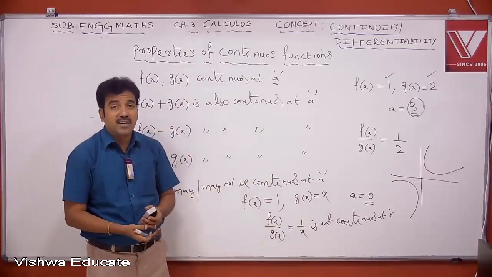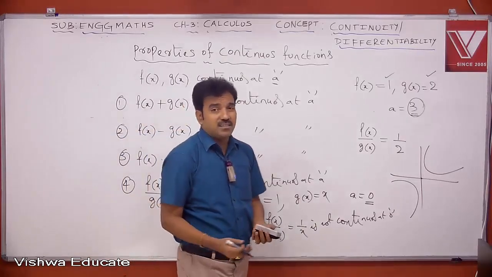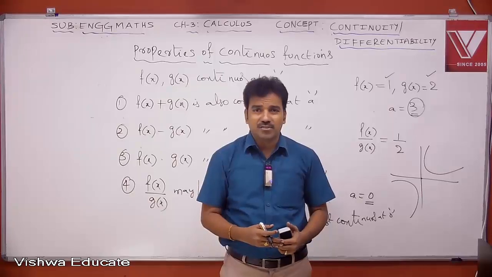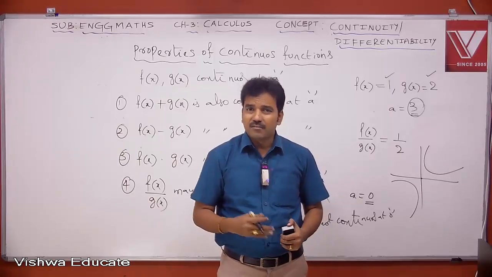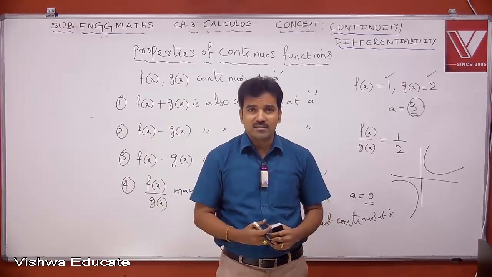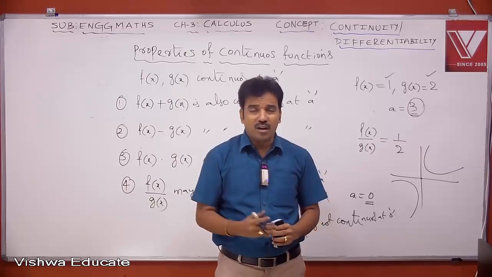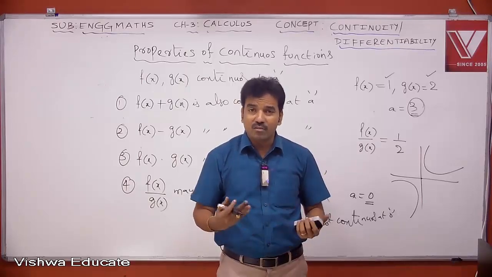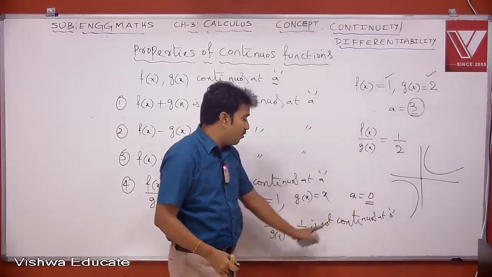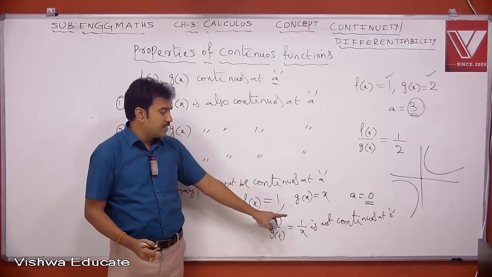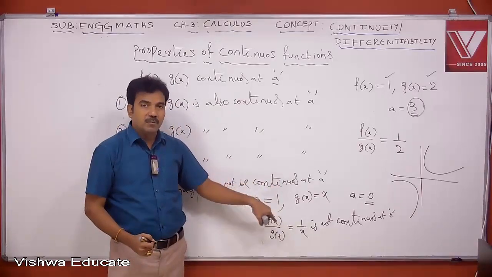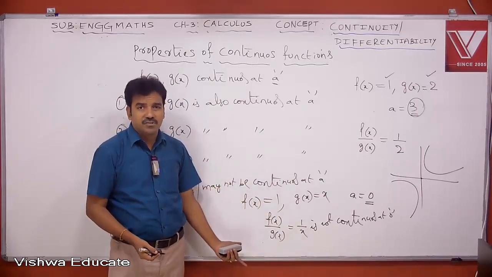When a function is not defined at 0, why should we discuss its continuity? Ultimately, it won't be continuous, right? For example, if I am not a student, can you ask me, are you continuous to the college as a student? You can't ask me. The same case applies here. When a function is not defined at some particular point, ultimately it is not continuous.